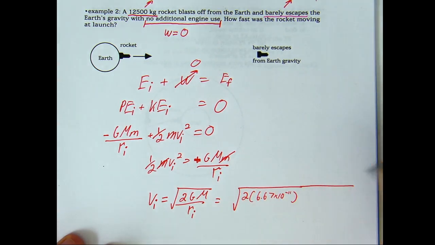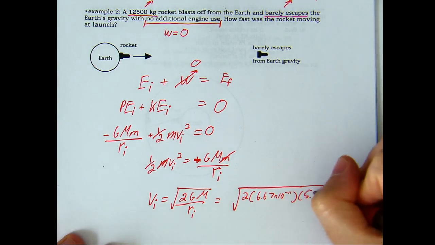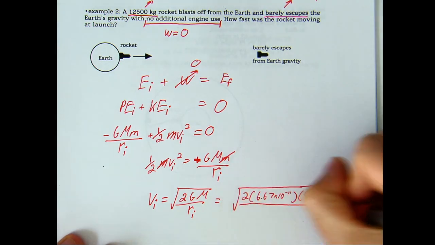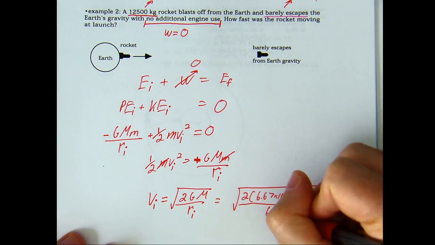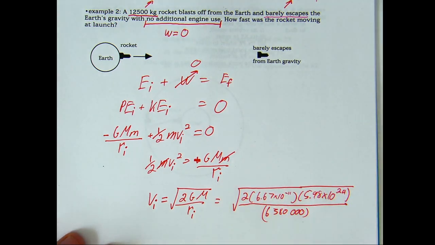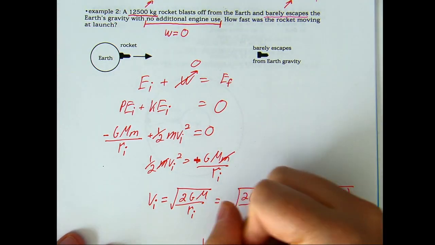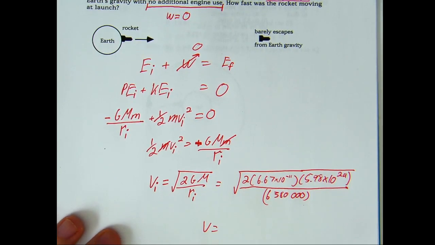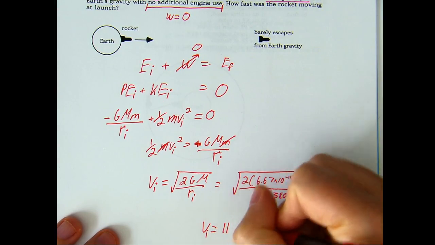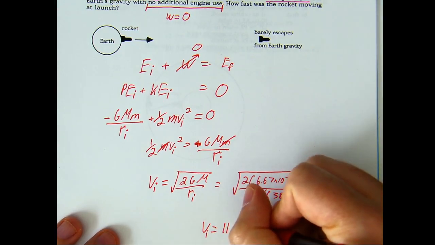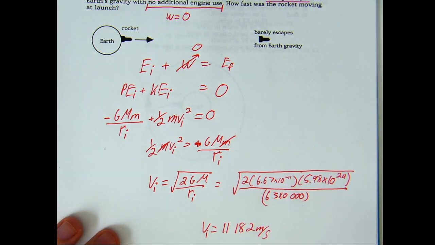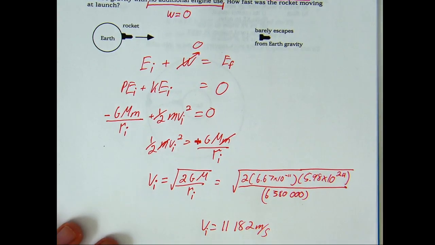We're told we're on Earth, so that's 5.98 times 10 to the 24 divided by our radius, which is 6,380,000 meters. If you run that, you're going to see that the velocity required to do this with no additional work being done is 11,182 meters per second, which is rather quick.